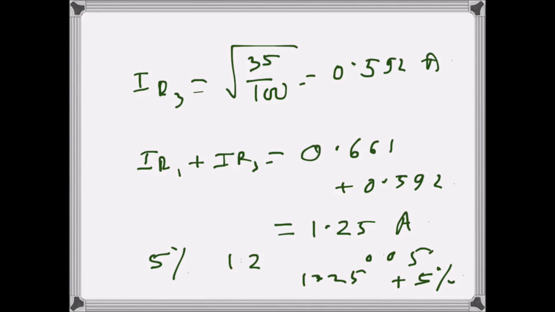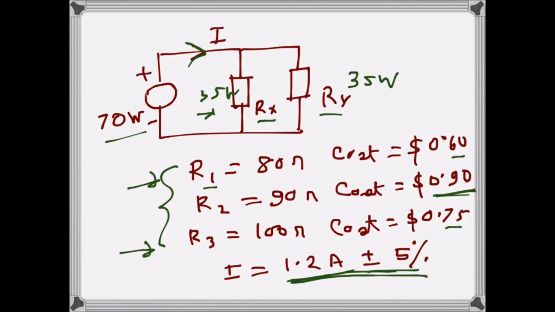So this fixes the criteria. We are getting current within that range and we are minimizing the cost. So 60 cents and 75 cents, that would be 135 cents, $1.35, and that's fine.